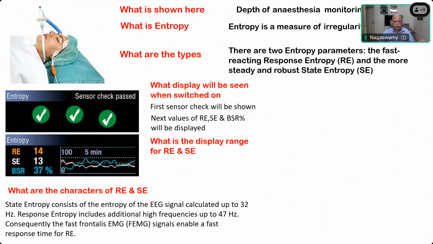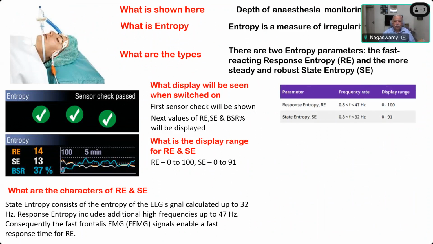For RE it is 0 to 100. For SE it is 0 to 91. So response entropy you get 0 to 100, state entropy you get 0 to 91 because the frequency range is lower for SE.